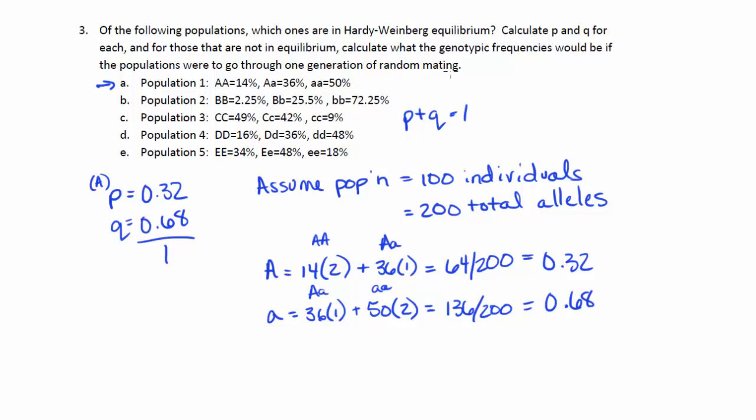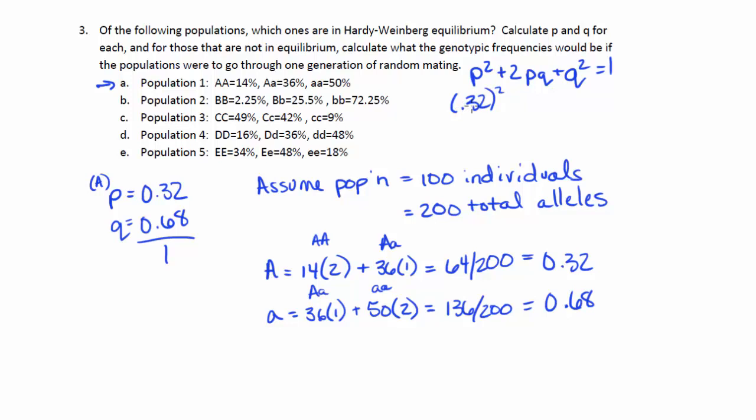So now, to answer the question, is the population in Hardy-Weinberg equilibrium? The way that we would do that is we would go back to this equation here. And now that we know what P and Q is, we can say, okay, P is 0.32, and if I square that, what does that come out to be?